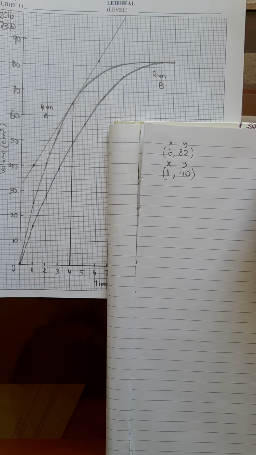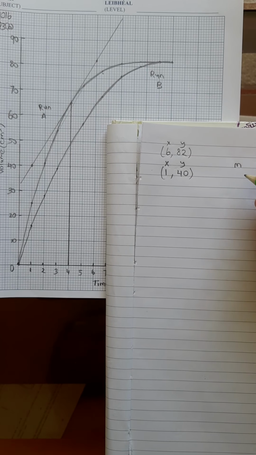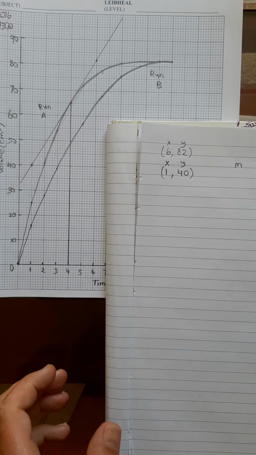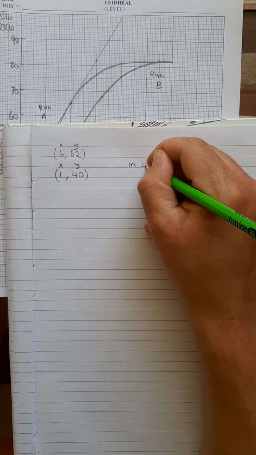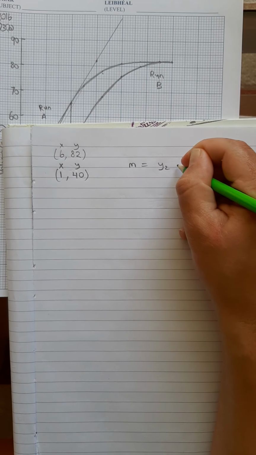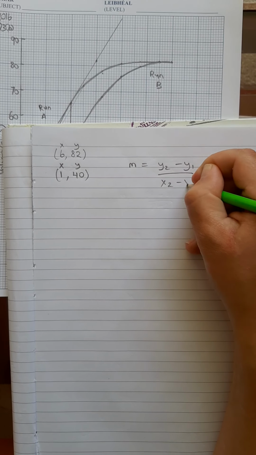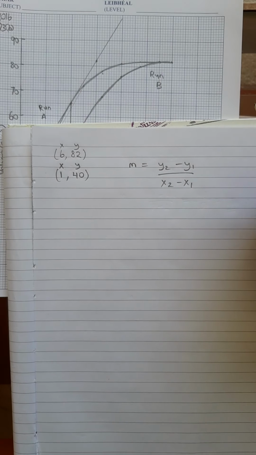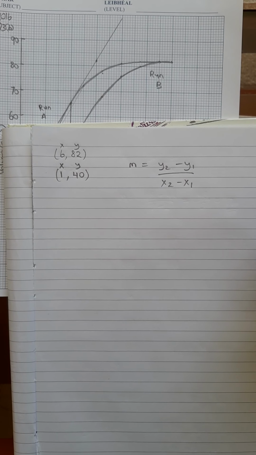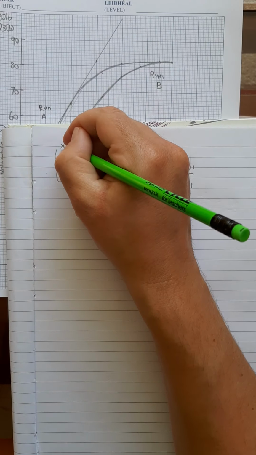So what we're now going to do is look at the formula for calculating slope, which is m is equal to y2 minus y1 all over x2 minus x1. So you take one of these points to be x1 and y1, you take the other one to be x2 and y2. Let's just keep it simple.